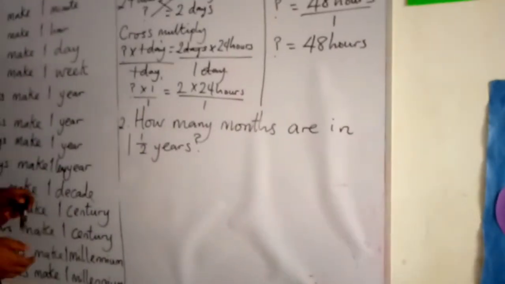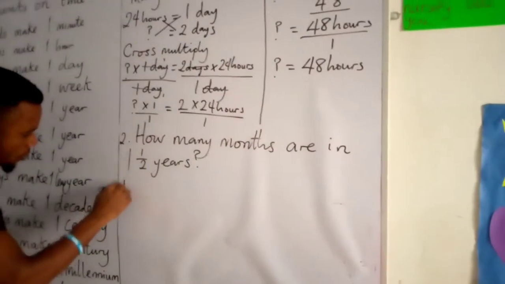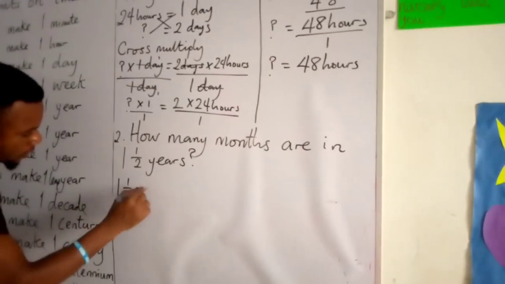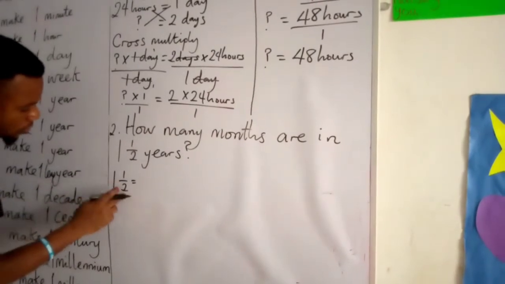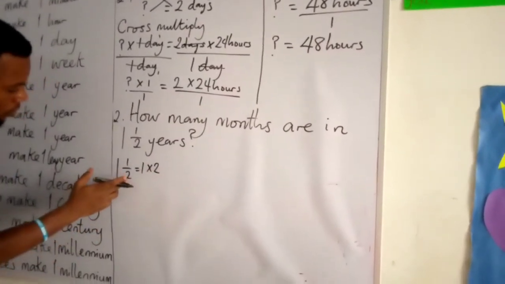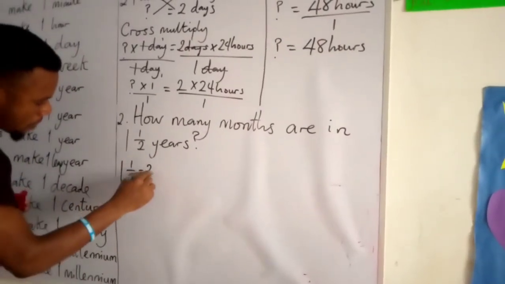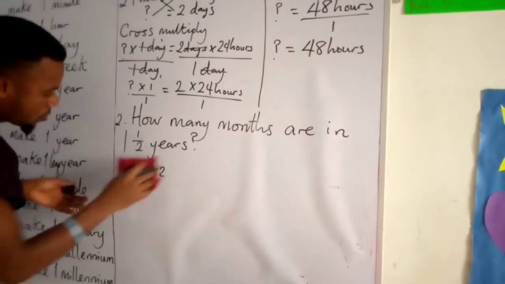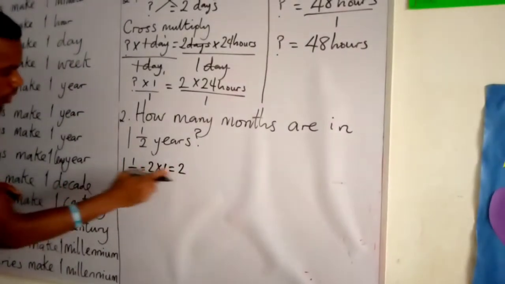Now we have a mixed fraction. What we need to do is change this to an improper fraction. 1 times 2 is 2.